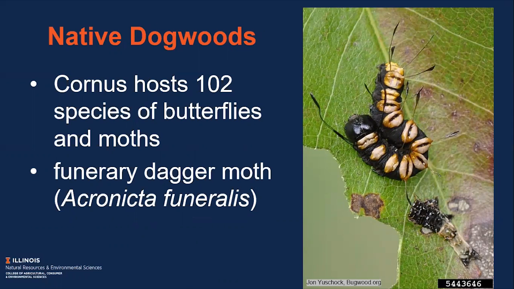Just a pretty wild looking caterpillar there. The dagger moth is so called because of those projectiles coming out of the side of the body there. And then funerary, just because of the color scheme. As an adult, it is also a black and white moth. So pretty neat.